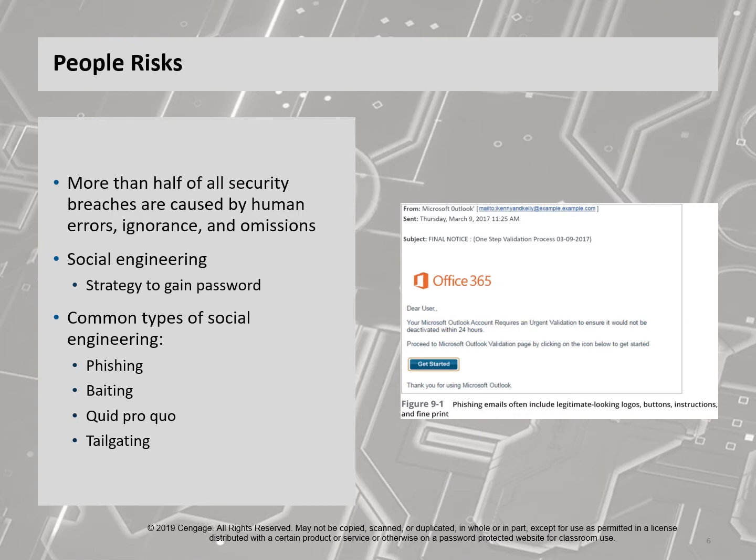Now, common types of social engineering that we might see would be things like phishing, which you can see in the graphic on the right. The idea is that you go into this email. It has all of the livery that we expect to see, all the logos and indicia and fine print and all of the disclaimers that we expect to see. But something is not quite right about it, and it's just how skilled you are at seeing where the quote-unquote not quite right is.